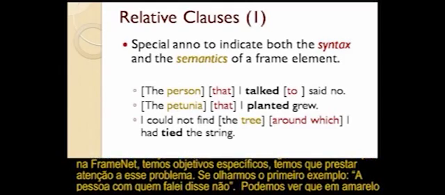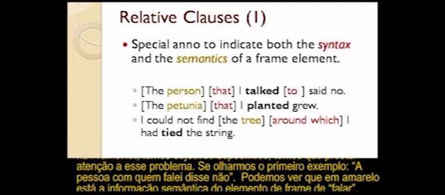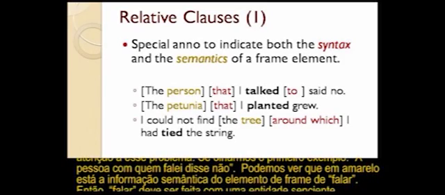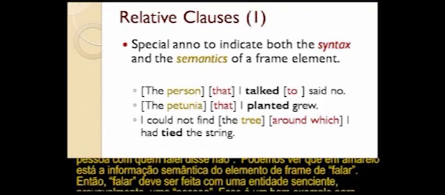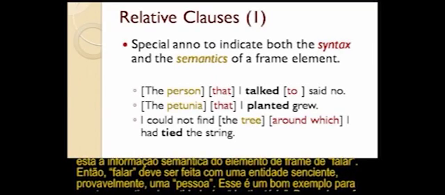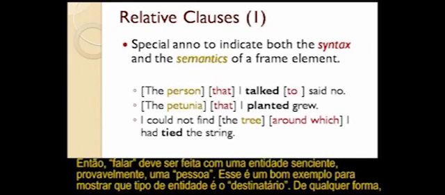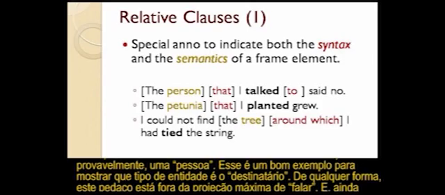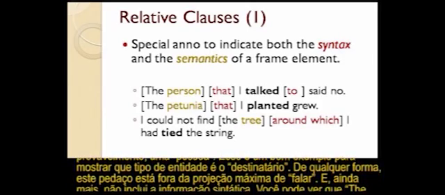If you look at the first example, "the person that I talked to said no," you can see in yellow that you get the semantic information of that frame element of talk. Talking should be done to a sentient entity, probably a person. So this is a good example that shows what kind of entity is the addressee.